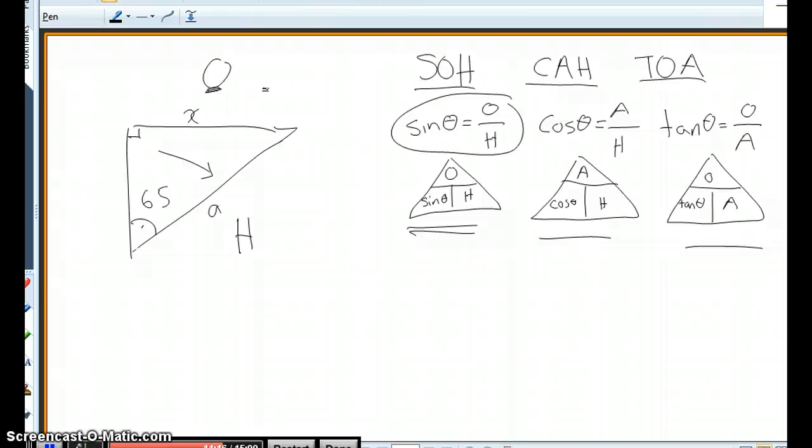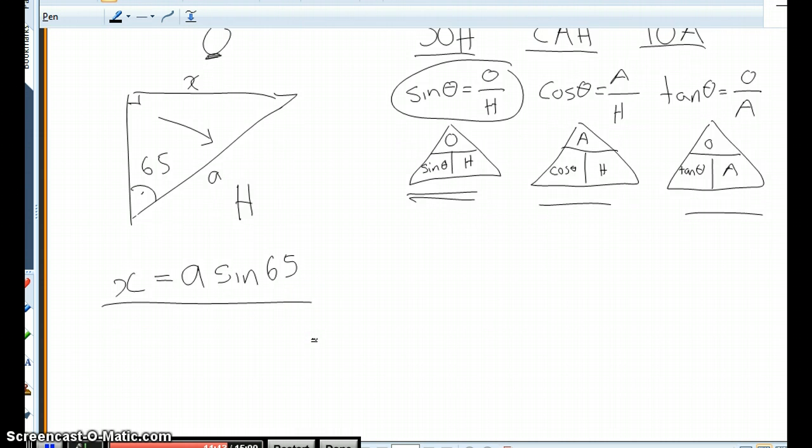I'll do it a few more times so people catch on, but the answer to this problem is x, or O, one or the other, is equal to, covering up the O, h times sine angle. And I'm going to call h A. A sine 65.